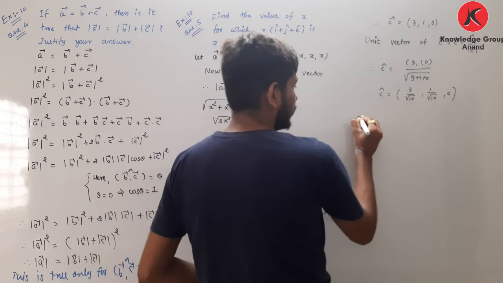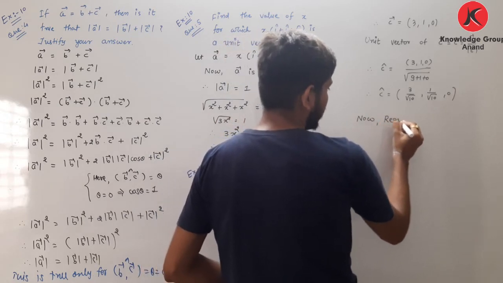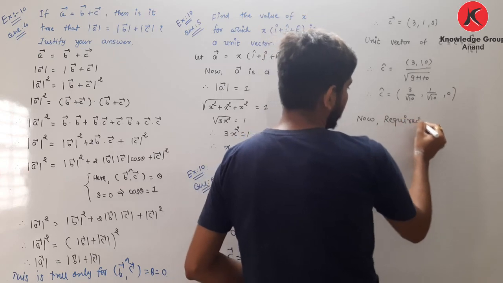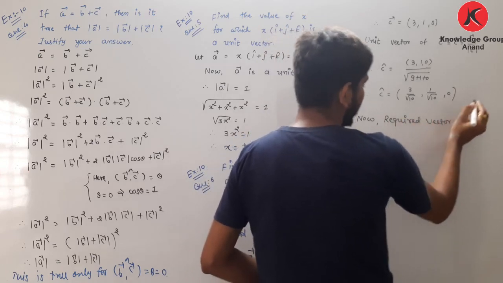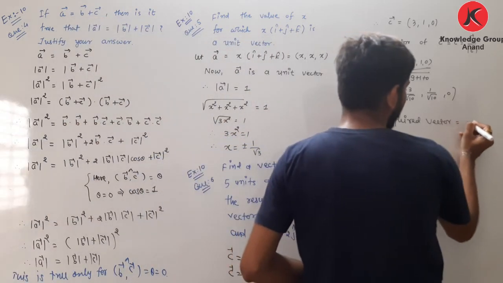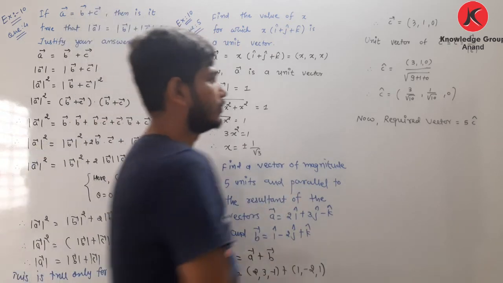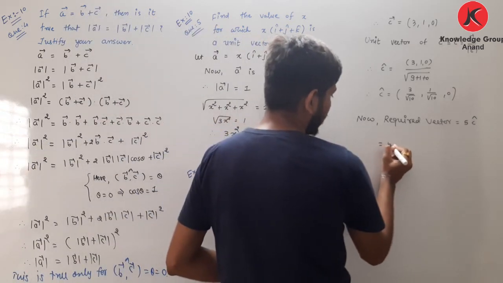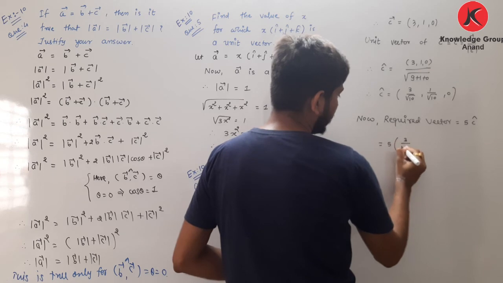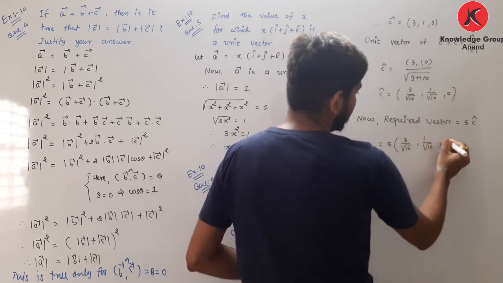Now we want the required vector, the vector having magnitude 5 units. That means 5 into C cap. Therefore we will get 5 into (3 by root 10, 1 by root 10 and 0).